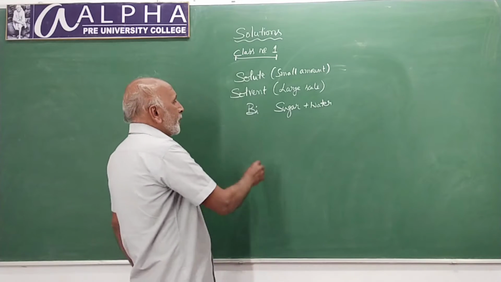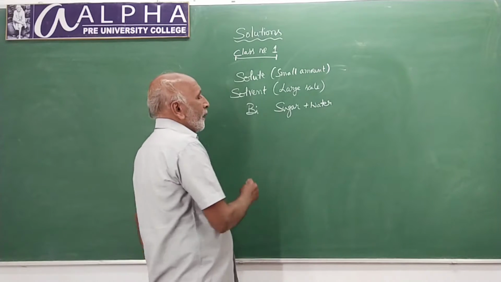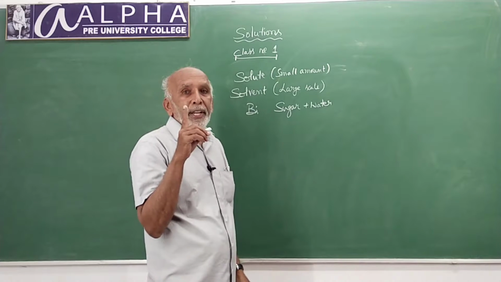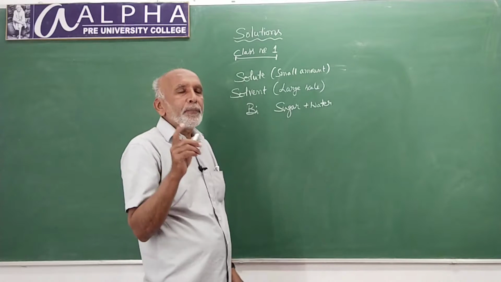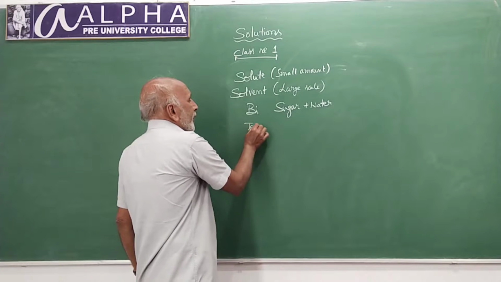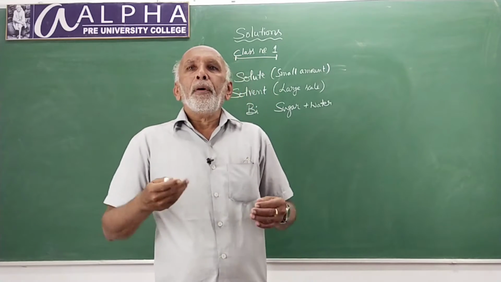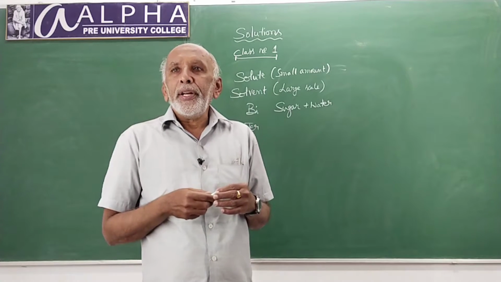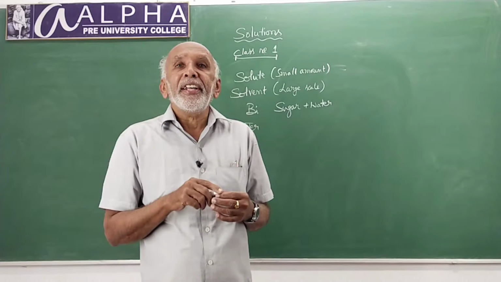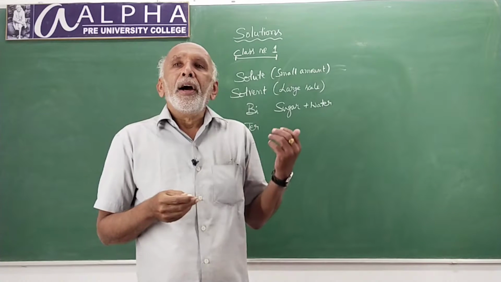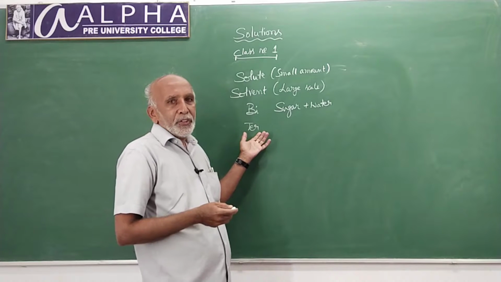If a solution is made up of three components, of which one which is present on a large scale acts as solvent, the rest being solute, such solutions are known as ternary solution. A ternary solution is one which is made up of three components, of which one will be solvent, present in excess amount, and the rest are solute.